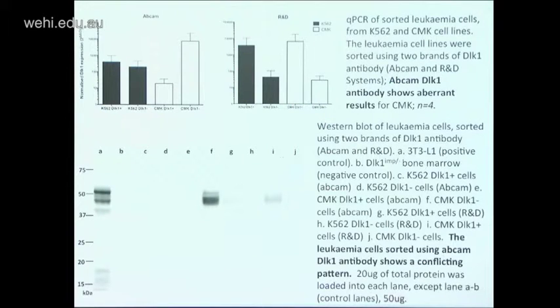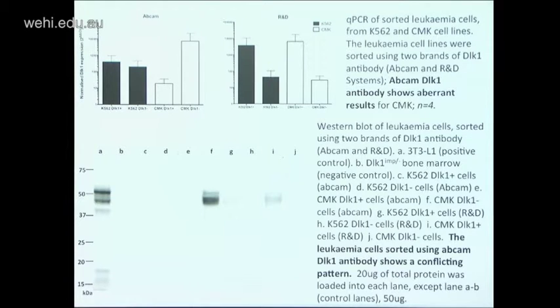And this was quite intriguing, in that with the EpCAM antibody, the K562 cells that were sorted for Dlk1 positive expression were slightly higher in Dlk1 expression than the negative cells, but in the CMK cell line, for some reason, the supposedly Dlk1 negative population had much higher expression of Dlk1 than the positive cells.